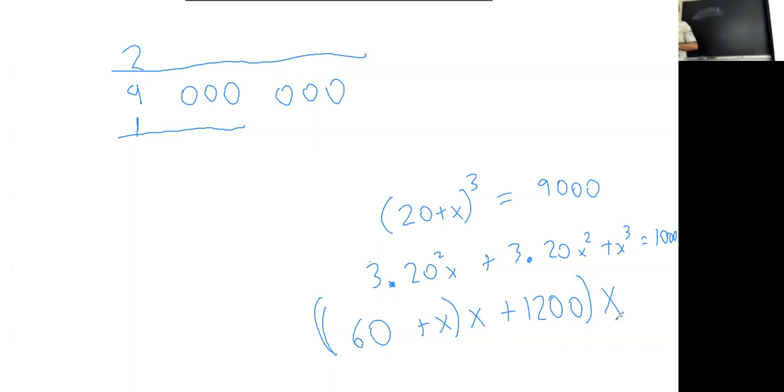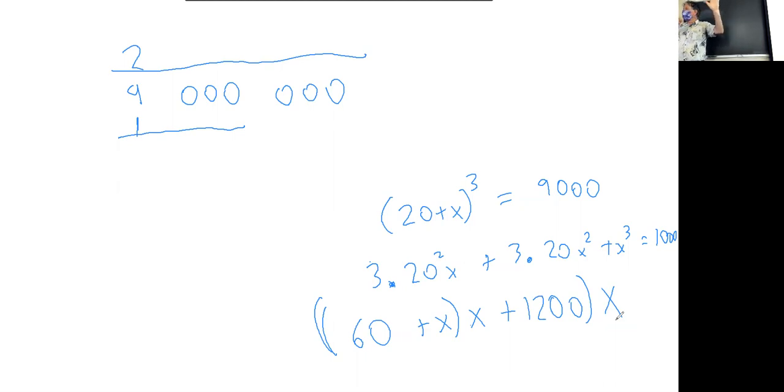Okay, why is this more efficient computationally? Right, so if I did 1,200 times x, that's one computation. If I do 60 times x squared, that's 2 computations. So I add that, that becomes 3, right? I've got to do x times 60, so that's 2. So 2 plus 1 is 3. To do the x cubed, that's 2 computations.